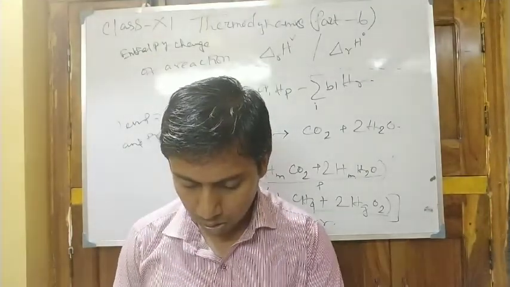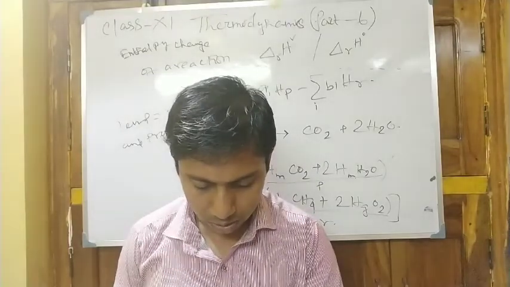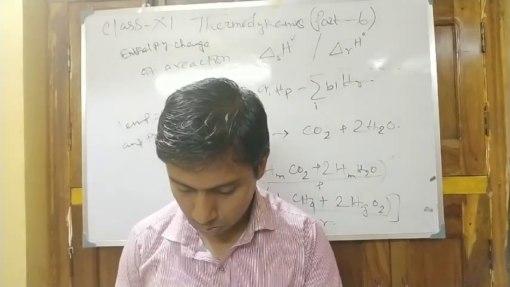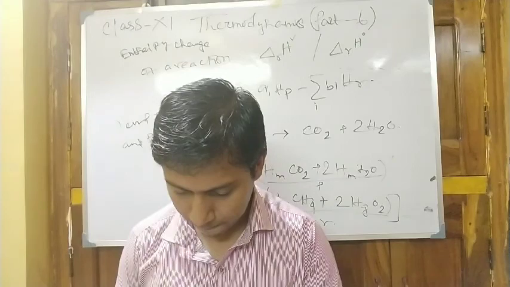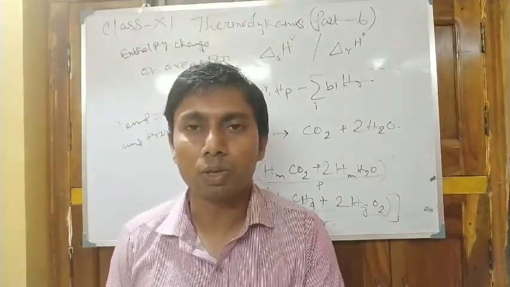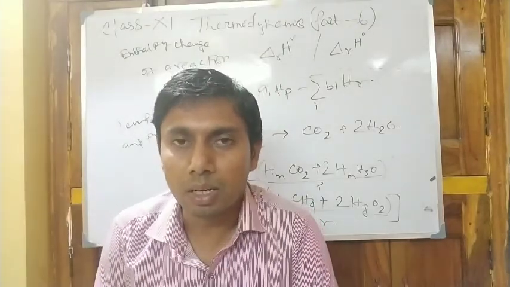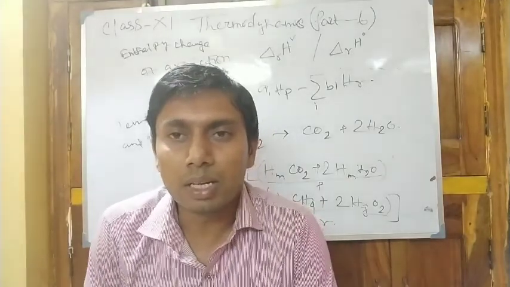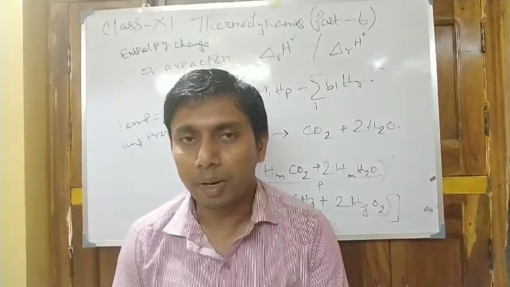Next, there are more definitions regarding this chapter. What is enthalpy of fusion? Fusion is also a process, that is, from solid state to liquid state. Here we should also maintain the standard state and the temperature.